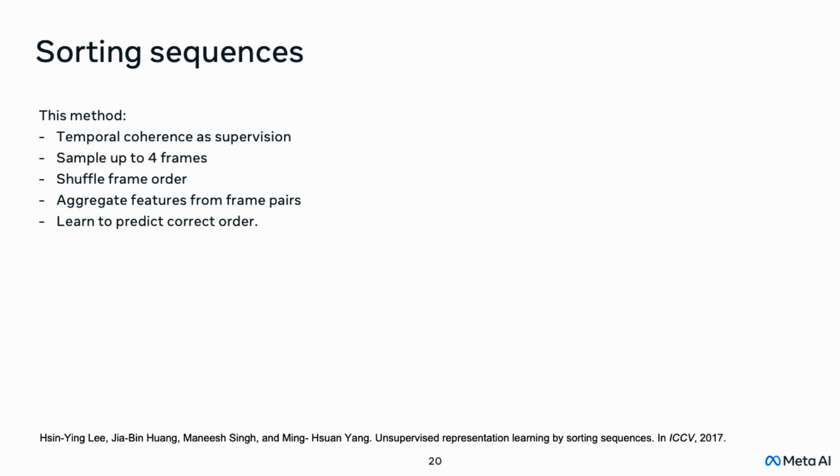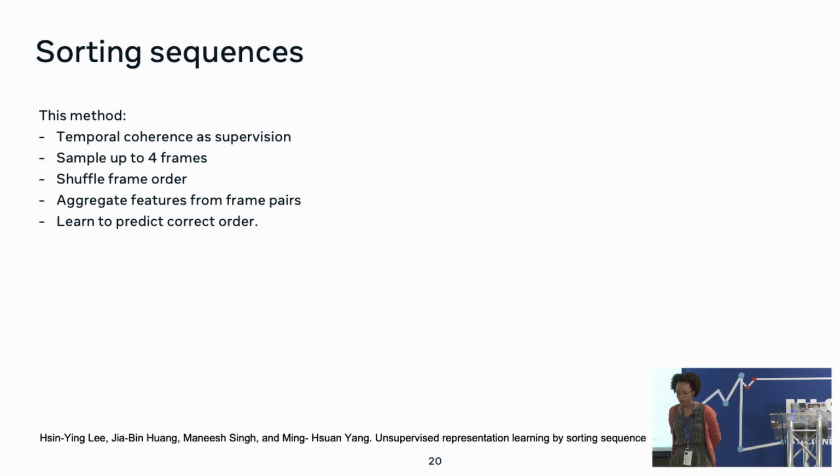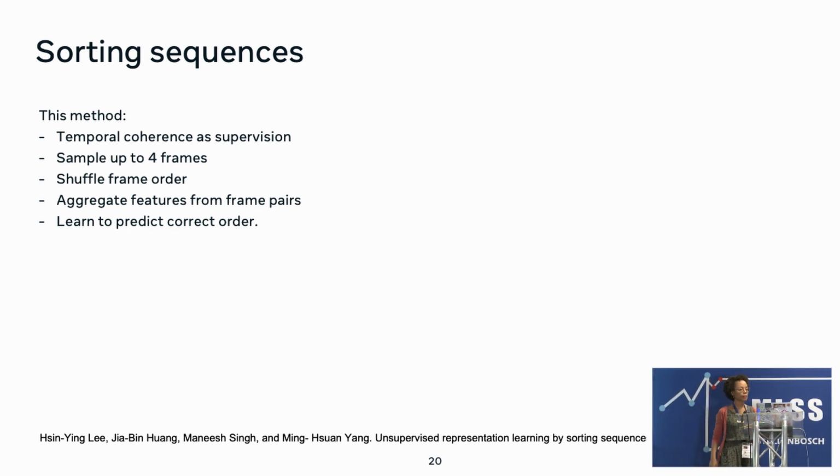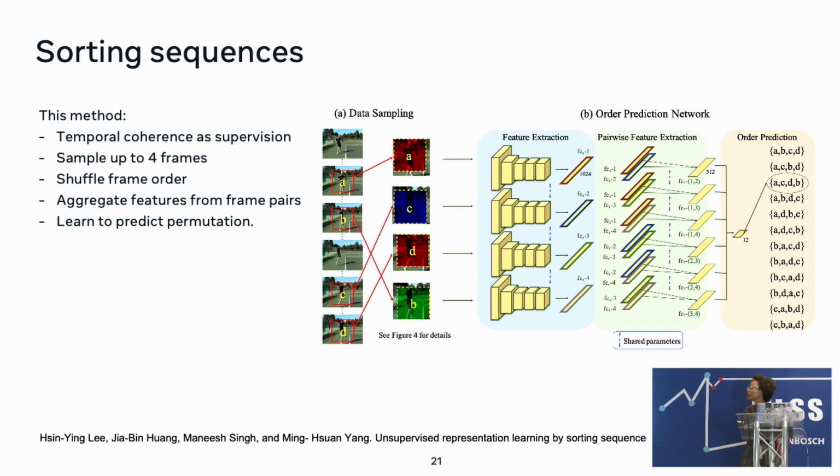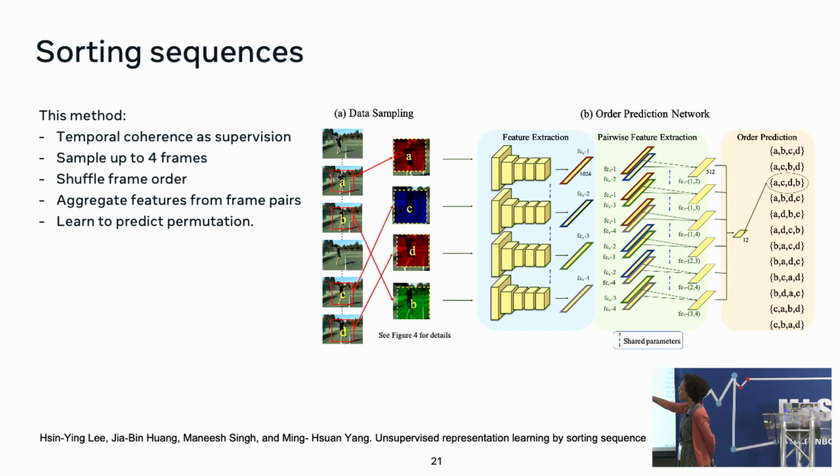So another approach, designed for video understanding, is this one, where we want to sort sequences, or once again understand permutations of sequences. I'll just go through the schema because it's very easy to understand visually. It's a bit similar to what we just showed, right?